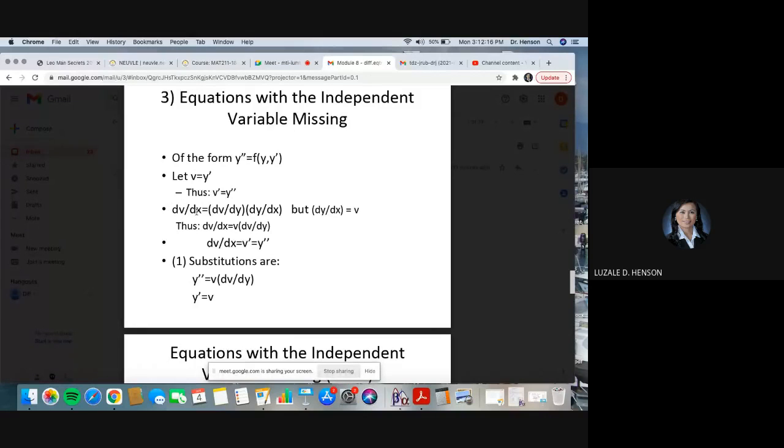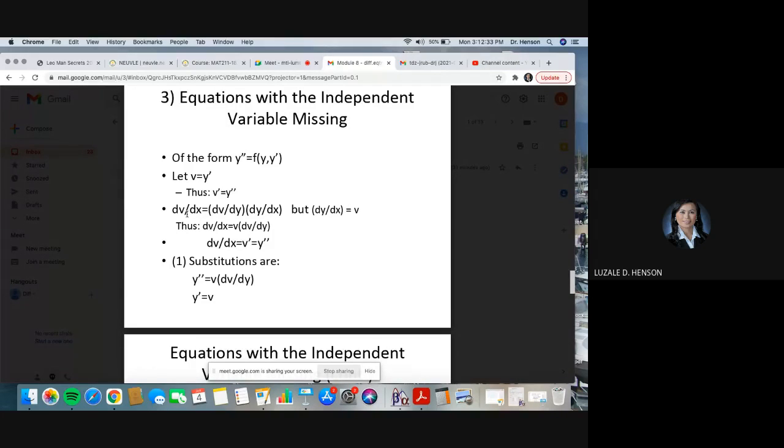Using the chain rule, actually the general power formula also works, instead of writing dv/dx, we write dv/dy times dy/dx. And what is dy/dx? dy/dx is v.